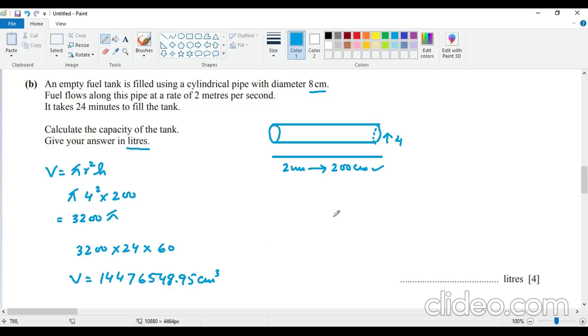So it's going to give you 14476.45, and because the answer has to be given in liters, I am going to convert this into this value. This is going to be your liters.